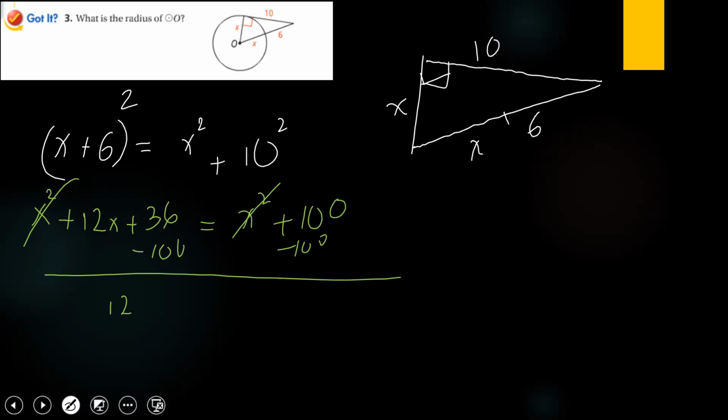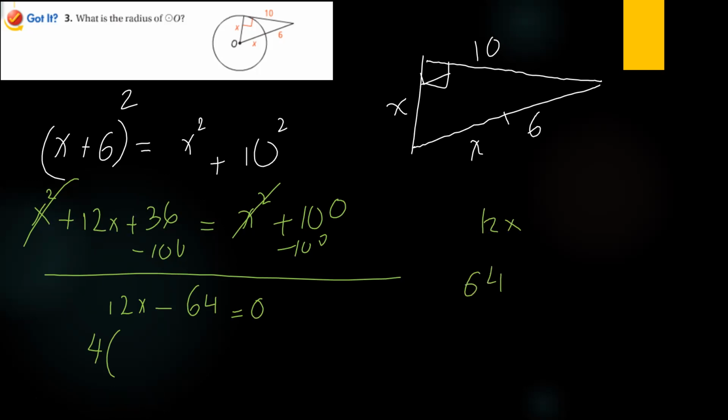So 12x minus 36 minus 100, which is 64, equals 0. Then I need to find x. Let's take 4 as a common factor. What did you have here? We have 12x and 64.